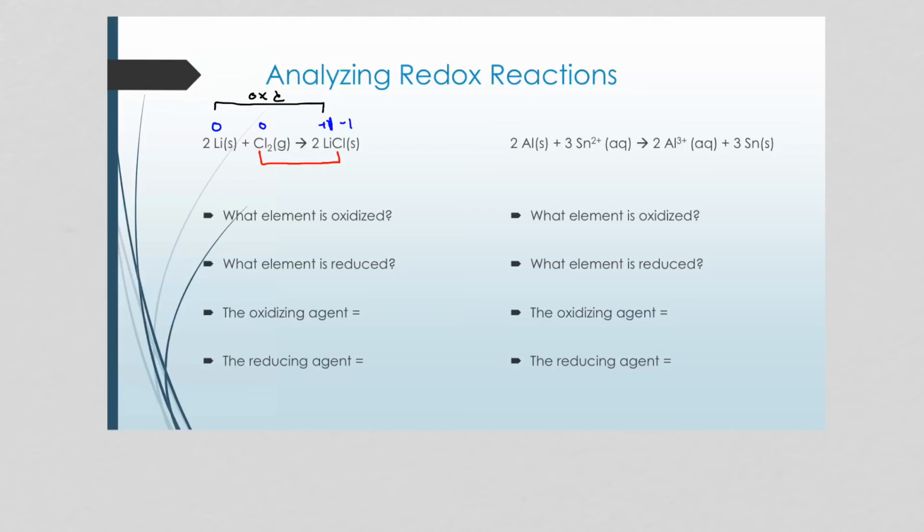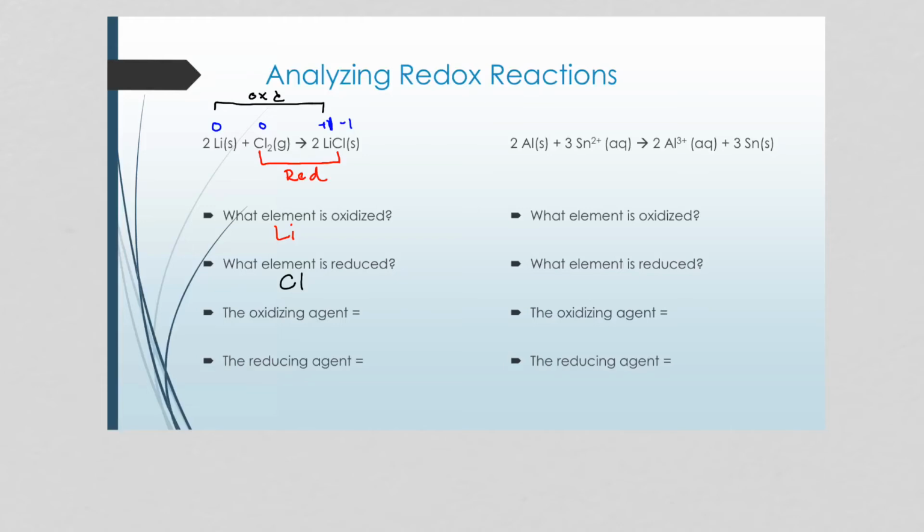So this reduction in oxidation state indicates that electrons are being gained, a reduction, right? So if we answer our questions, the element that is oxidized, right, that's lithium. The element that's reduced, that's Cl.